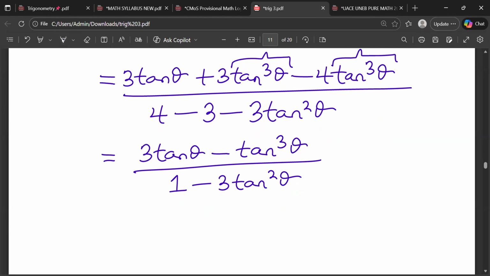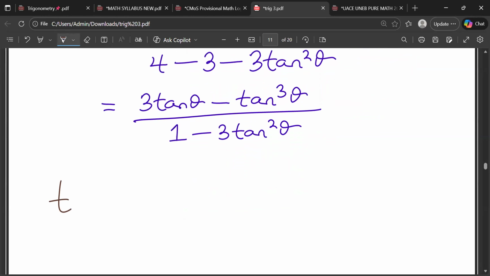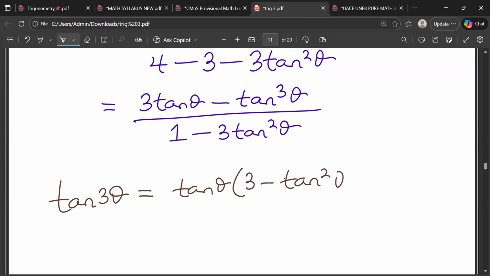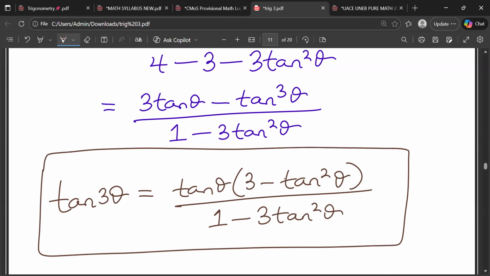Do you see that? Yes. Then on top, I pull out the tan theta. Then you remain with only 3. Then what has been tan cubed becomes tan squared theta. Then my denominator is left intact. Like that. Do you see that it's also bringing out the same thing?